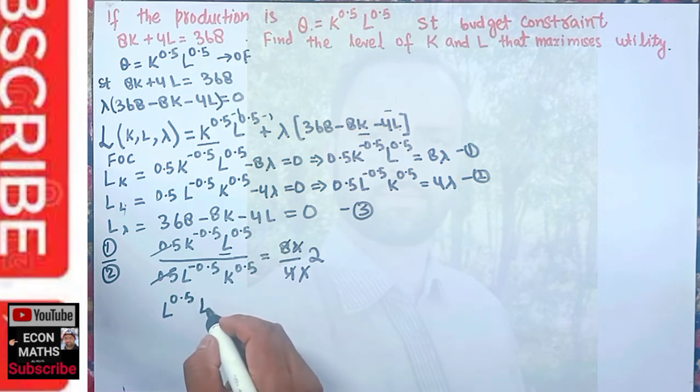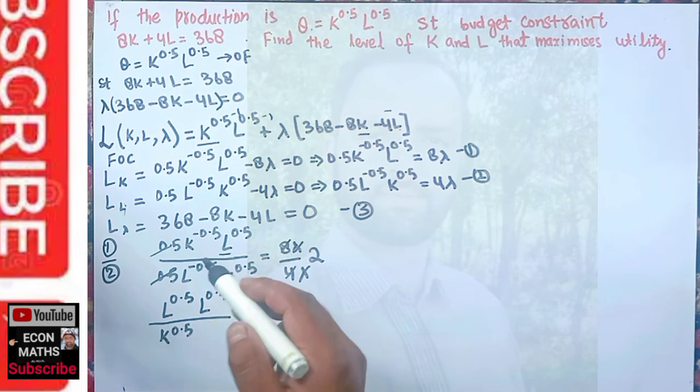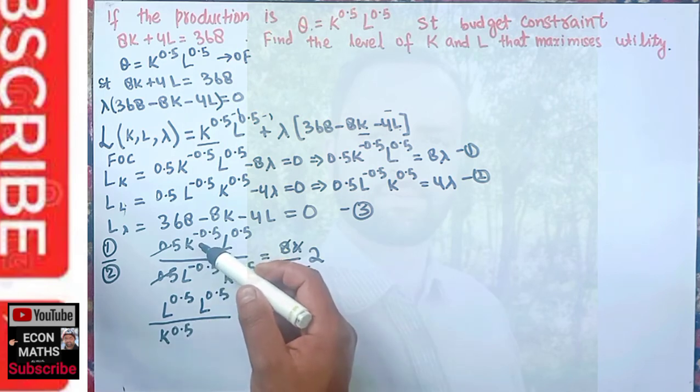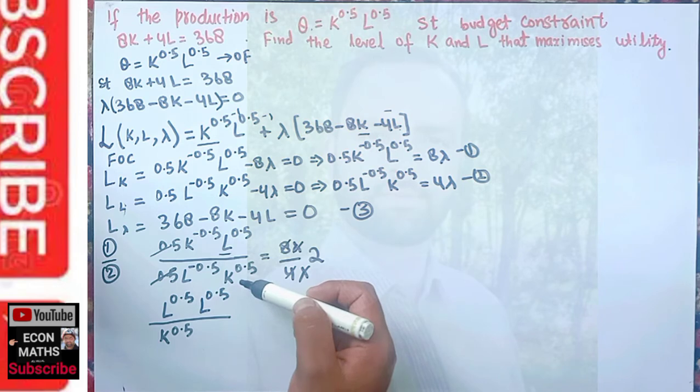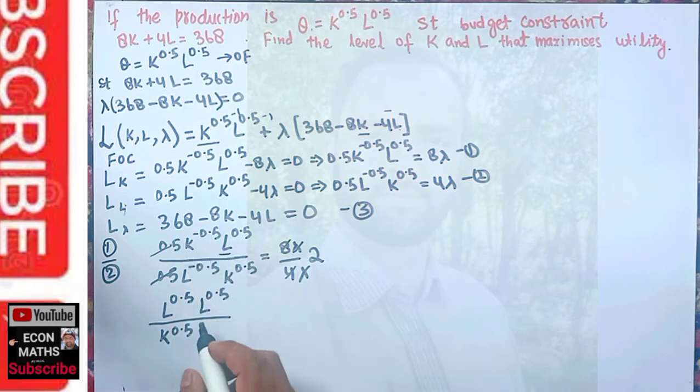So this is L to the power 0.5, divided by, similarly, k to the power 0.5, and I will transpose this numerator to the denominator, and again the sign of the exponent will change. Since it is minus 0.5, this will become k to the power 0.5, which is equal to 2.